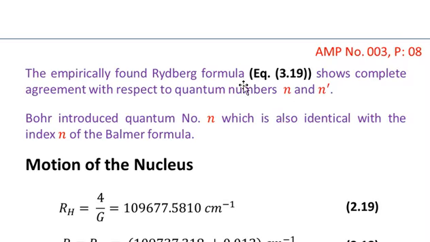You see that in the formula which was suggested by Bohr as an empirical formula, also known as the Rydberg formula, n and n prime were just ordinary indices, only integer values.